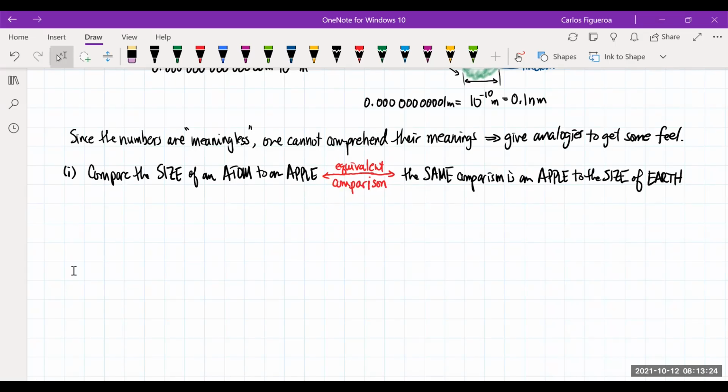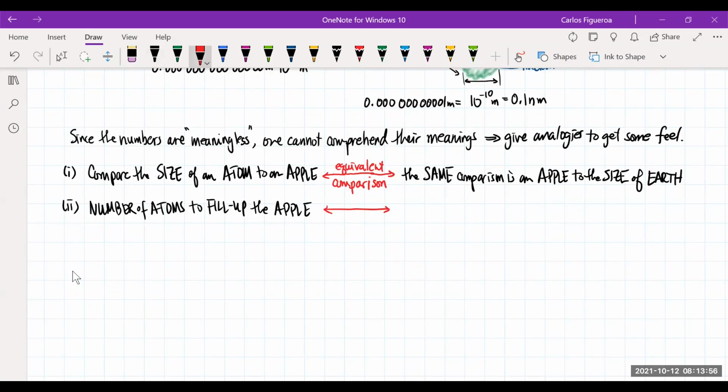And another one that really sends this home is this: the number of atoms to fill up the apple. Again, we have that exact same equivalent comparison.